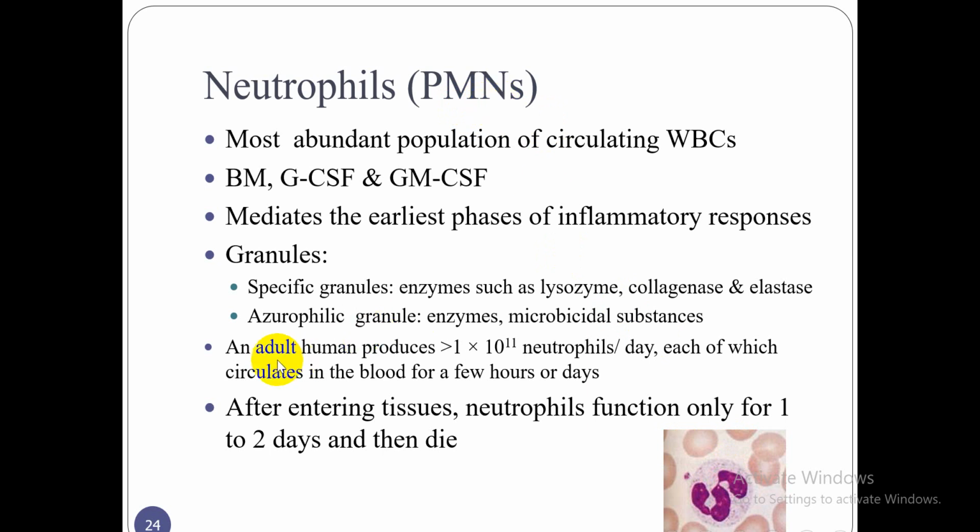An adult human produces more than 10 to the power of 11 neutrophils per day, each of which circulates in blood for a few hours or days. After entering the tissue, neutrophils function only for 1 to 2 days and then they die.